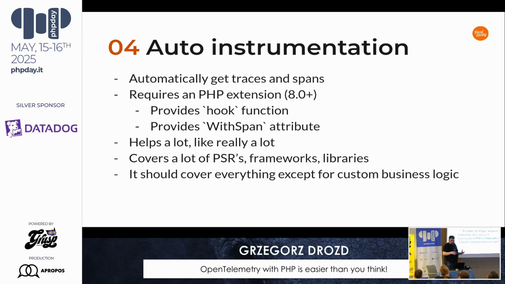It gives you a hook function that I will show you in a sec, and it helps you a lot. You don't have to use it. You can rely, for example, on framework events to get the before and after, but the hook function helps a lot.